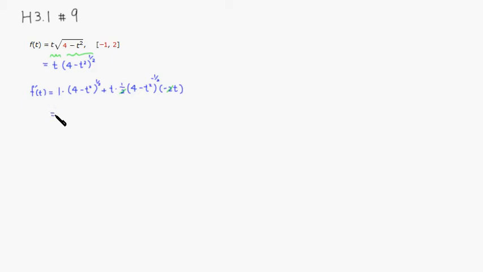So let's go back to square root. You have the square root of 4 minus t squared, and this guy is going to be a minus, so there's going to be t squared on top.